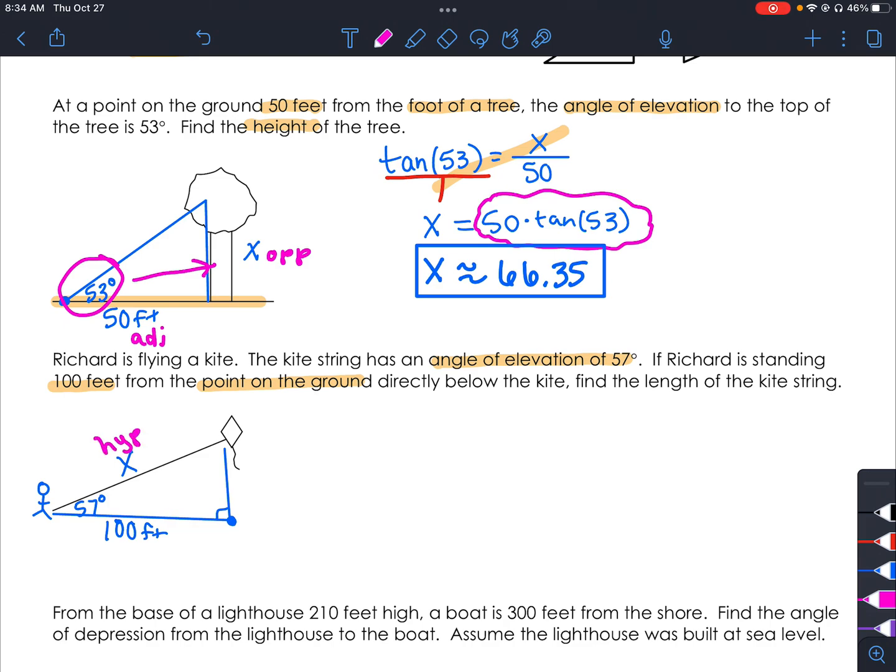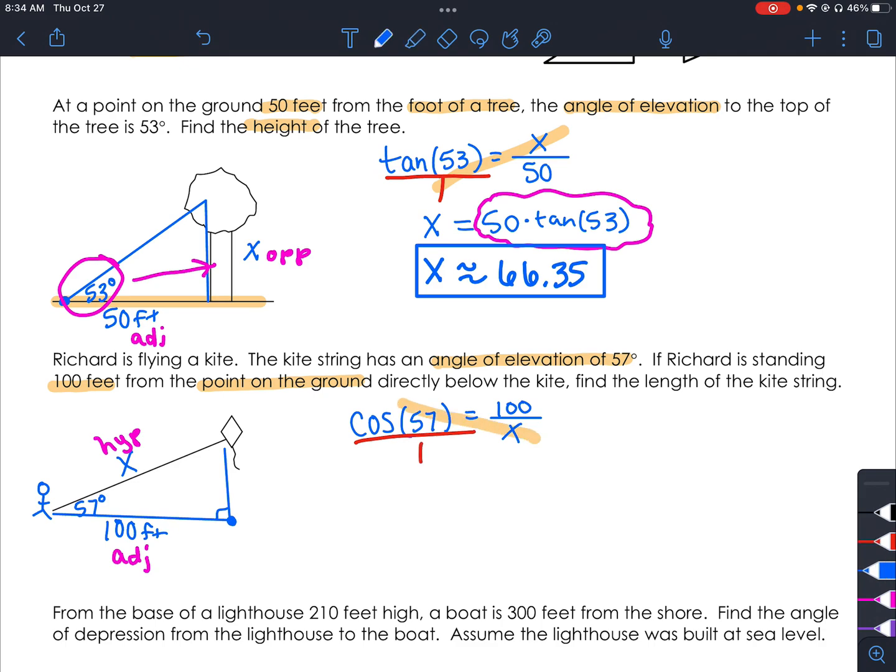This is hypotenuse. This is adjacent because it's next to the angle. The only trig ratio that works is cosine. So cosine of angle 57 degrees is, no, adjacent over hypotenuse. So 100 over x. Put it over 1 and cross multiply.